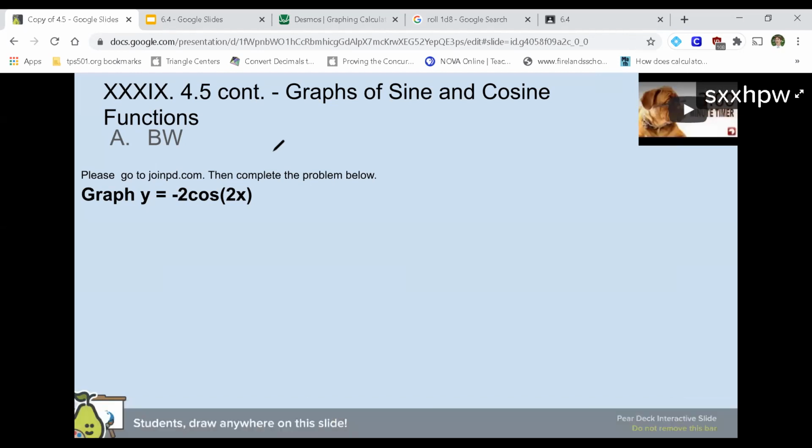Let's do it. So can anyone tell me, we have an A value of -2. What does that mean? What does that do to the graph?